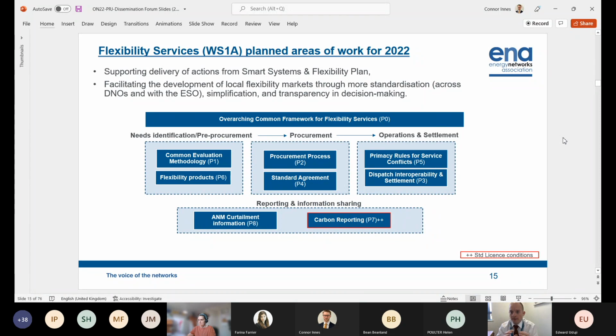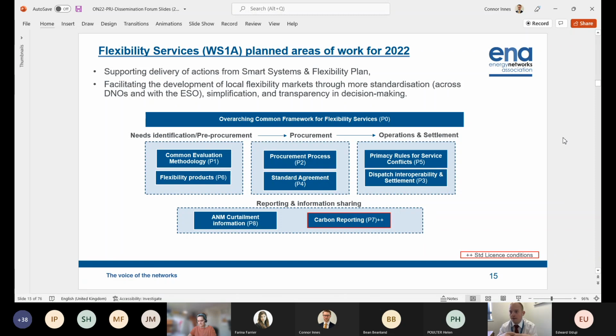For the other product, flexibility products, we've got P6, which is looking at further standardization of products. So we have a standard core of 4 flexibility products based around real power services that are defined, agreed and standardized across all network operators.